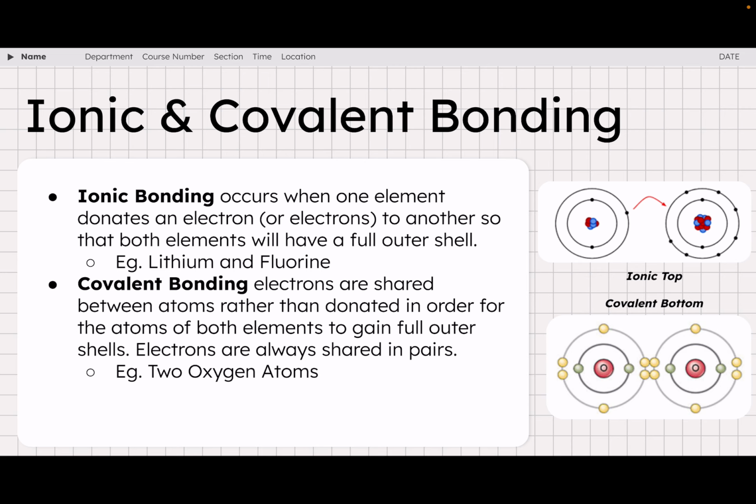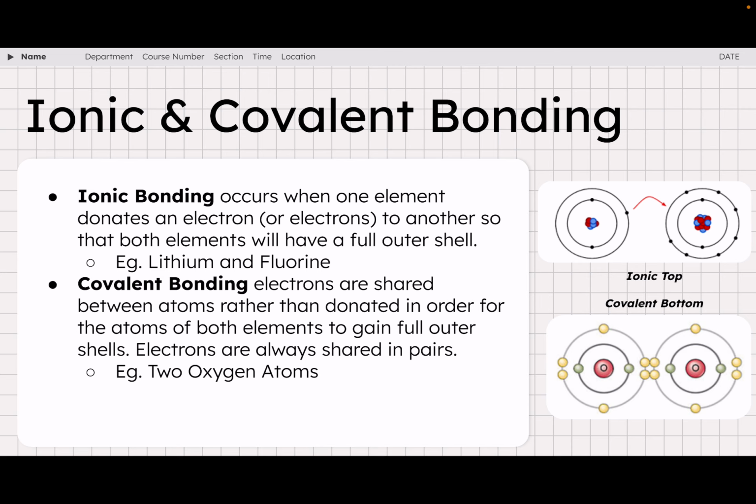So let's look at these two in this diagram, the top diagram of lithium and fluoride, right? Lithium has only 3 electrons, while fluoride has 9 electrons. So what does this mean? Automatically both of these atoms have their first shell filled, which is absolutely amazing. But their second shell is not quite filled.